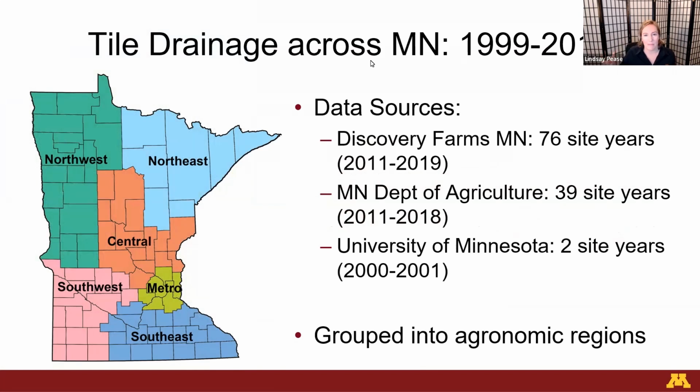If you think back to that map I showed, Northwest is going to be most similar to what we see in Saskatchewan and the rest of the Great Plains. And we had about 100 years plus of site years to base our analysis off of.